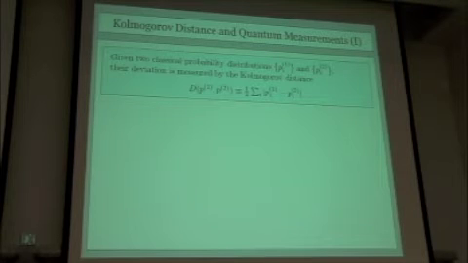And one way to do that, which has good properties, is to use the so-called Kolmogorov distance, which is simply the sum of the absolute values of the differences between the two probability distributions. Okay, so I'm going to use this as my gold standard without justifying. There are good reasons to use this distance, but let's just accept it.